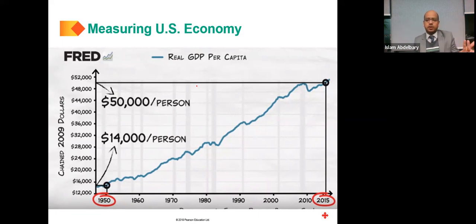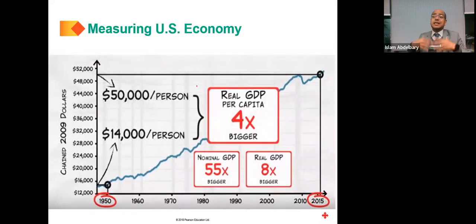So imagine that the average GDP per capita is approximately the average income in any economy. So the average income 65 years ago was 14,000. And now the average salary is 50,000. So this means that the average salaries in the US increased 4 times during these years.